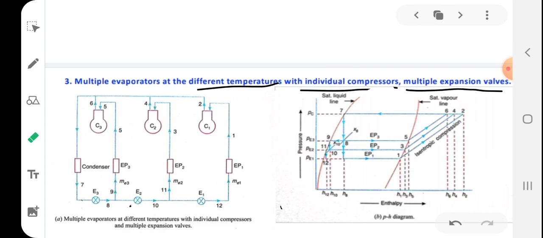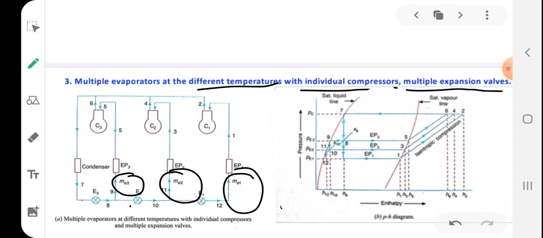So here, since there are three circuits, you can write the mass here. You can see that this is mass of refrigerant circulating through EP1, mass of refrigerant circulating through EP2, mass of refrigerant circulating through EP3.